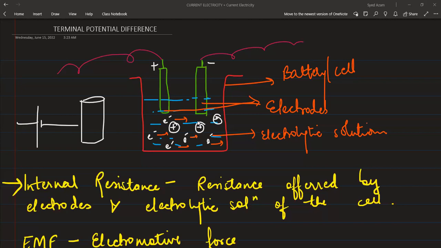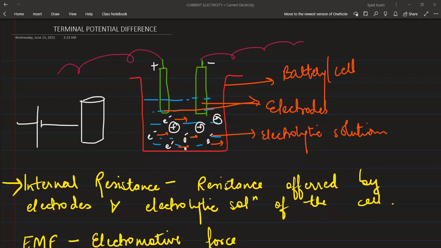We have seen the different formulas of resistance and the numericals on resistance, and we know what resistance is. So if that same resistance is felt in the motion of the electrons when they are colliding among themselves or with these positive ions, there is a resistance felt by the electrolytic solution as well as the electrodes. So these electrodes and this electrolytic solution offer some resistance or opposition to the flow of electrons.